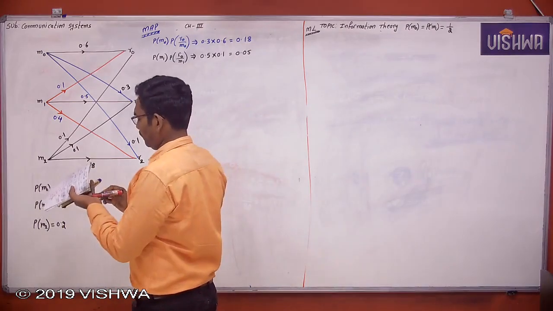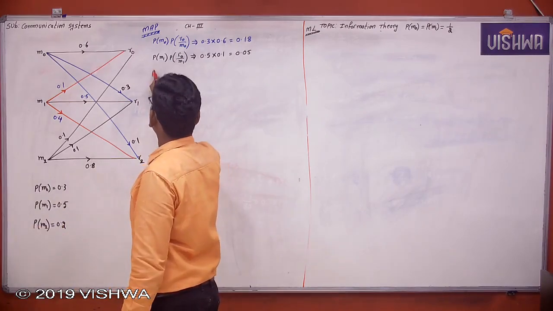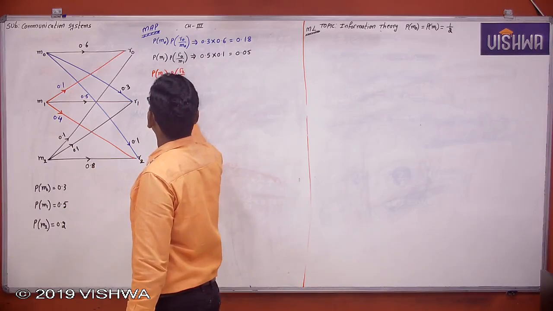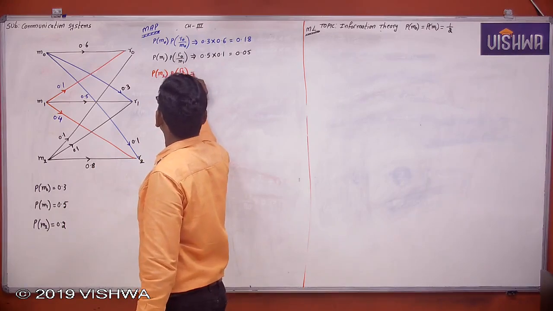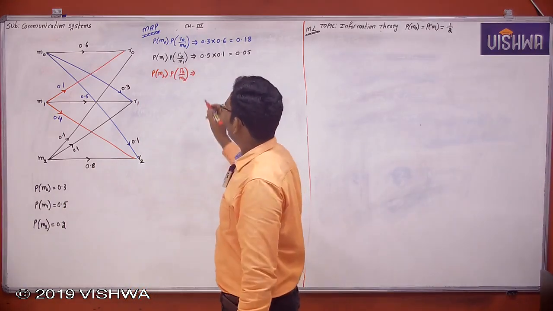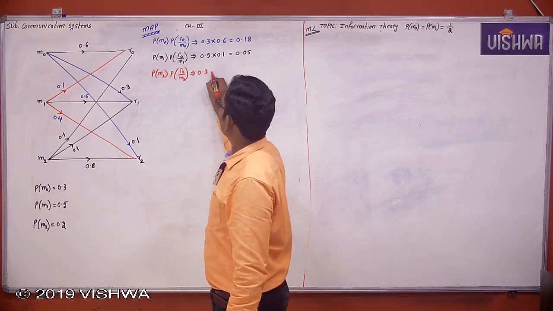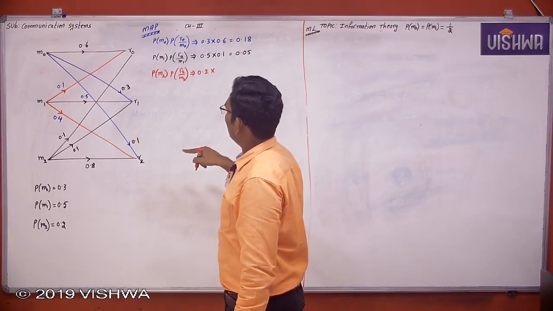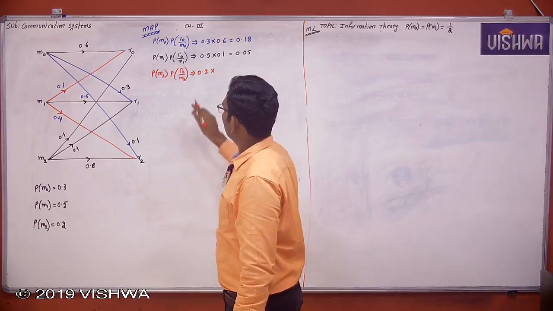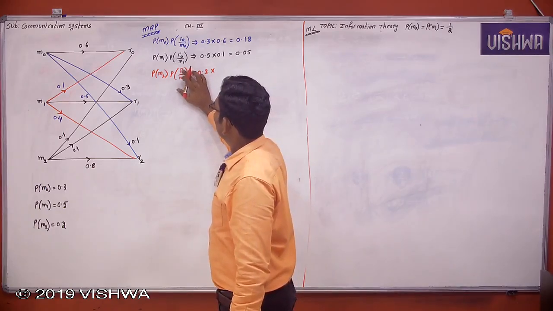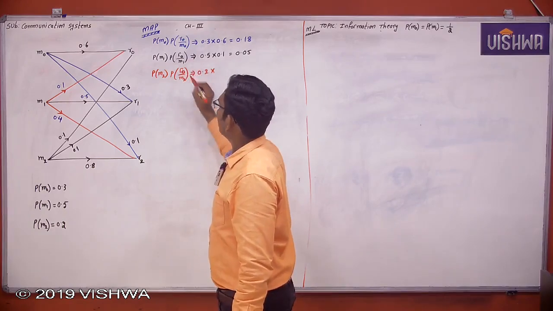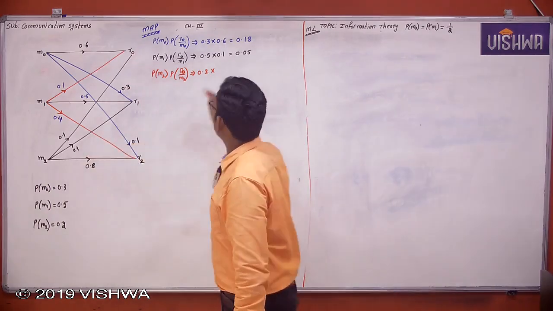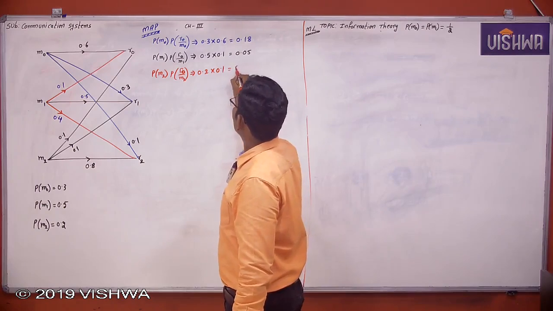Now P of M2 into P of R0 by M2. P of M2 is 0.2, and P of R0 by M2 is 0.1, which is equal to 0.02.